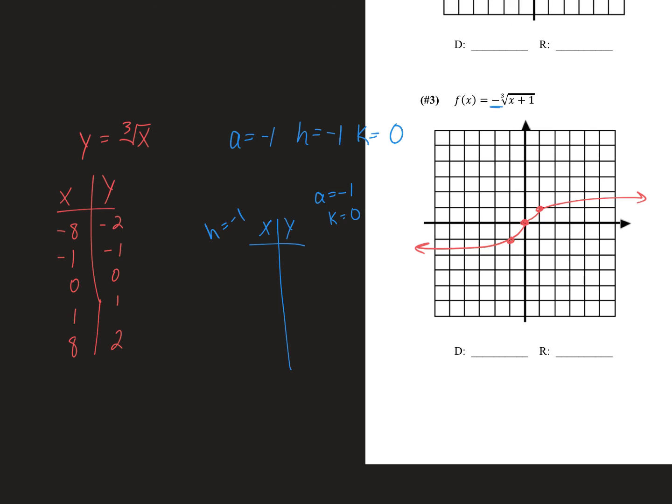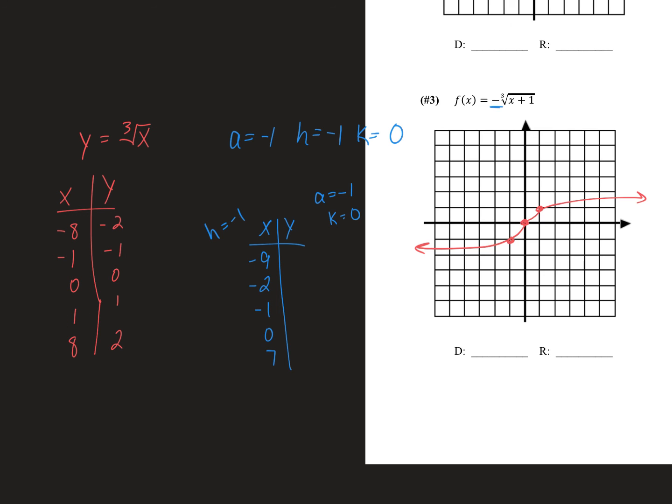So negative 8 plus H is negative 8 minus 1, which is negative 9. Then we have negative 2, negative 1, 0, and 7. I took each of my values for X and added H. Since H is negative 1, I really just subtracted 1 from each of these.